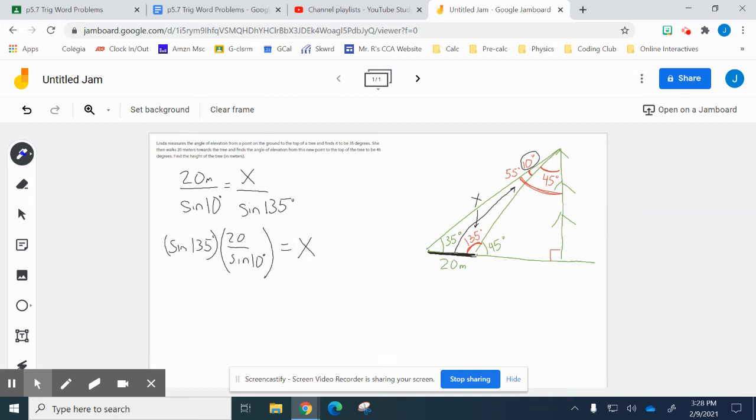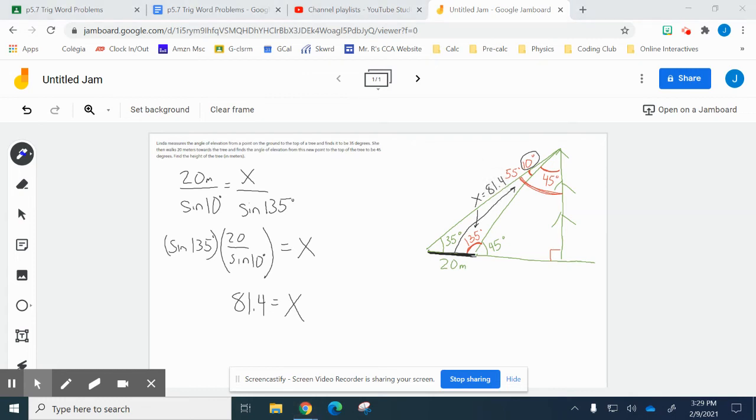So now we'll just do this. 20 divided by the sine of 10 degrees times the sine of 135 degrees equals 81.4, so x equals 81.4. And that's a hypotenuse.